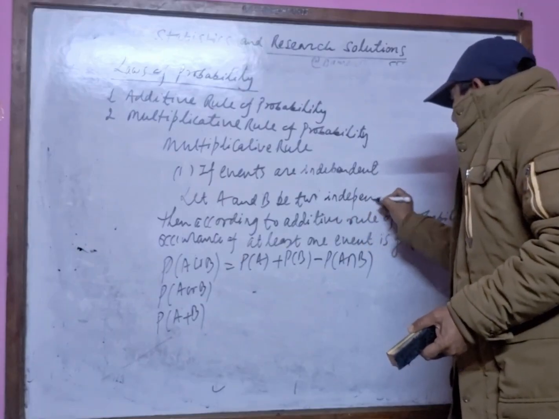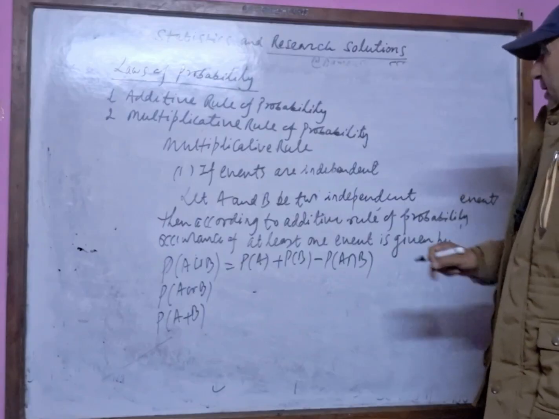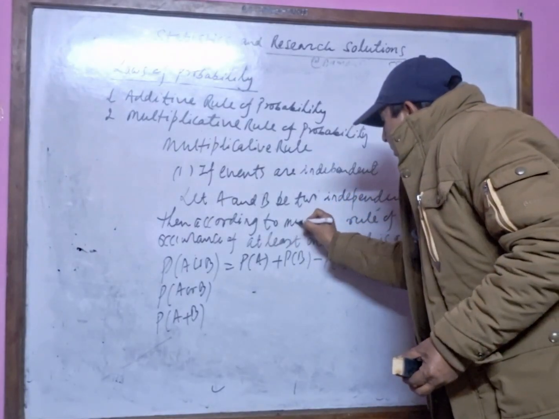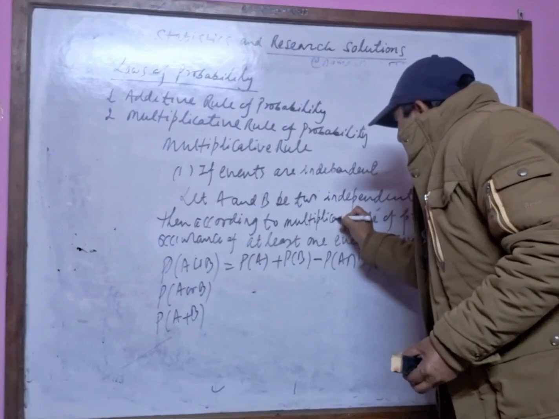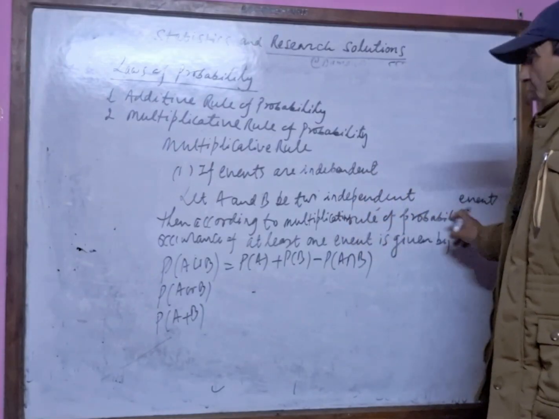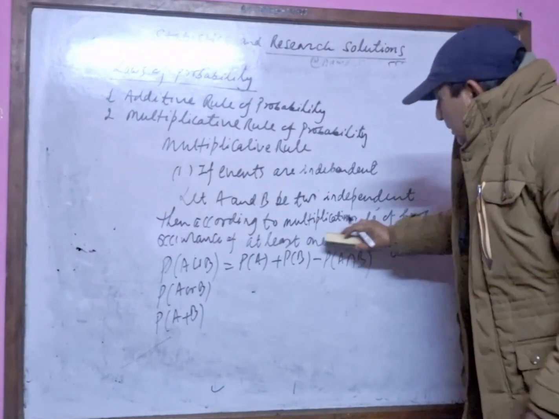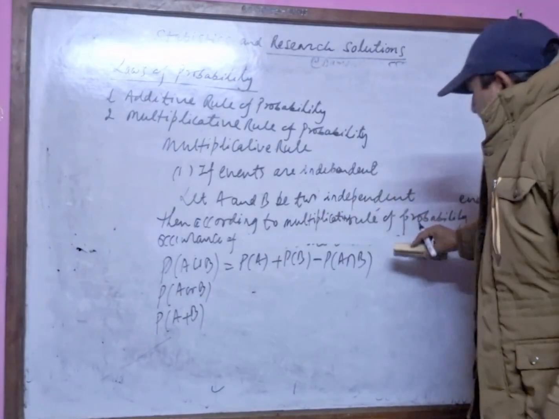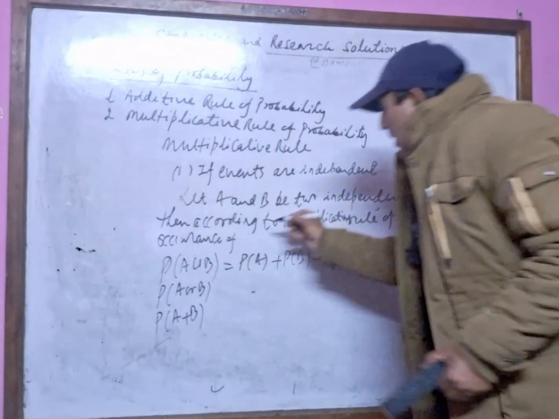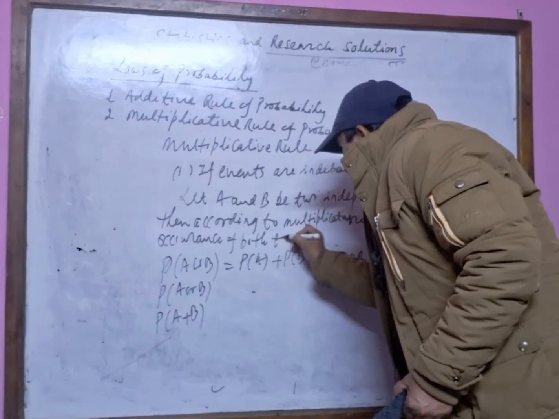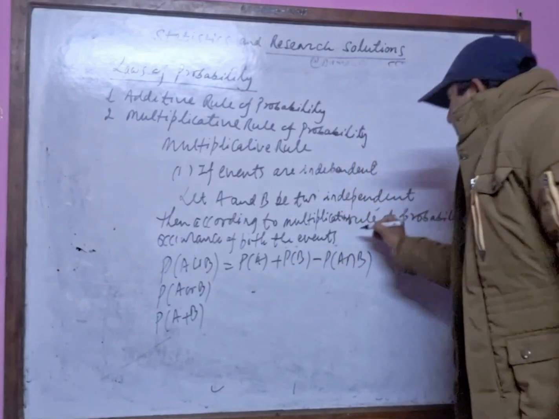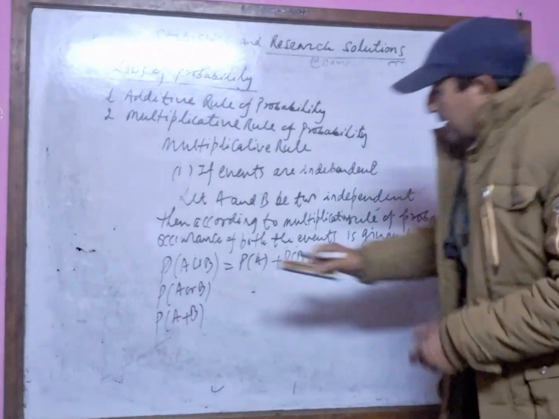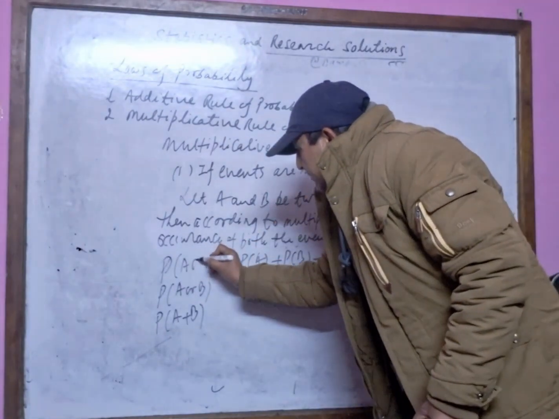Then according to the multiplicative rule of probability, the occurrence of both events is given by P(A intersection B).